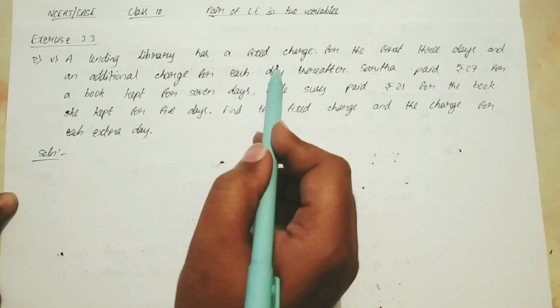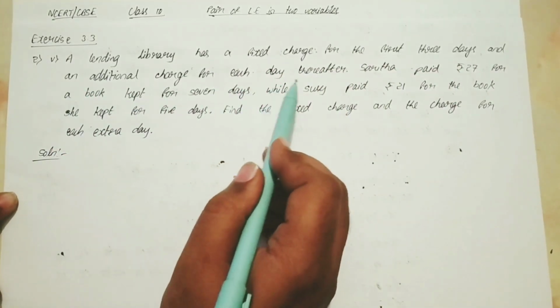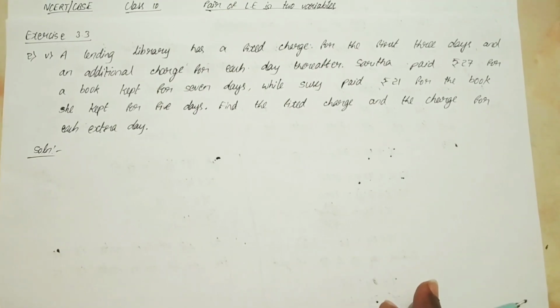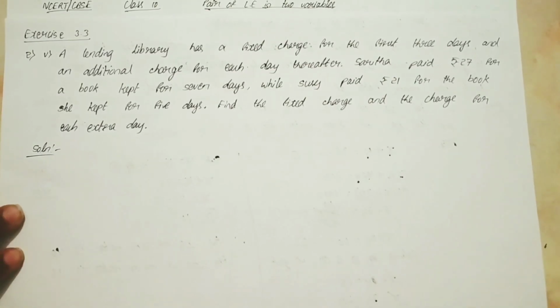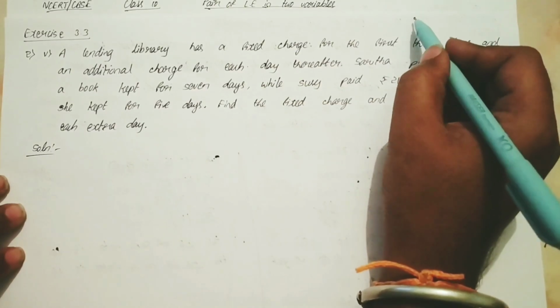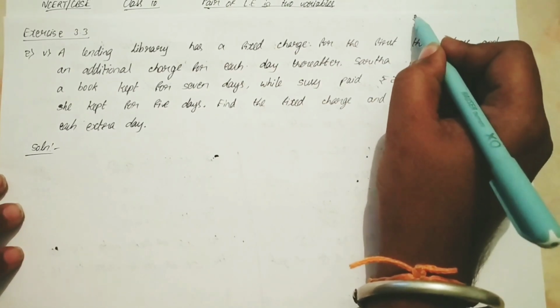A lending library has a fixed charge for the first 3 days and an additional charge for each day thereafter. So if you go to a library and lend a book, there will be a fixed charge for a certain number of days, right? For example, let us assume there is a fixed charge for the first 3 days.